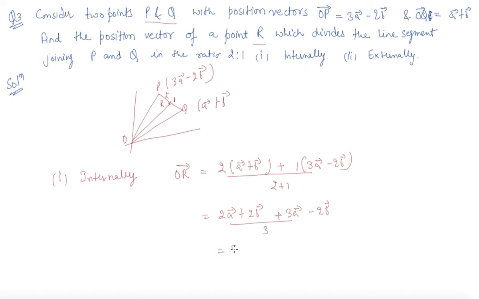So 2b cancels out, and we are left with 5 by 3 of vector a. This is the case when the point R divides internally.